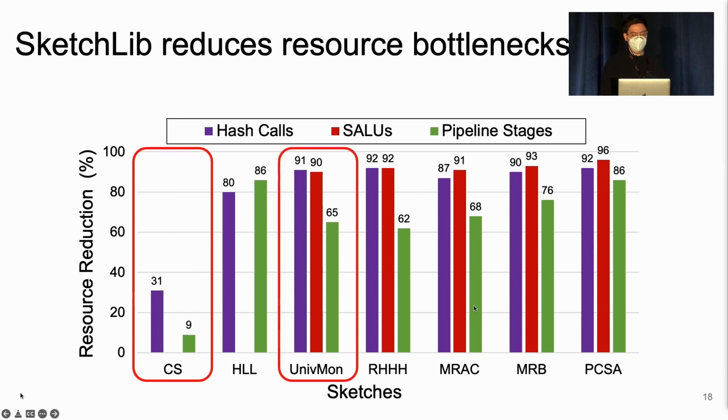And if you take a look at one example of multi-level sketches, UnivMon, we can see that SketchLib reduces 91% of hash calls, 90% of SALUs, and 65% of pipeline stages. So overall, SketchLib reduces resource bottlenecks efficiently across all 7 sketches by up to 96%. This will make previously infeasible sketches feasible.